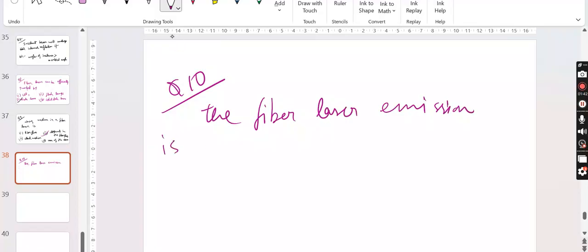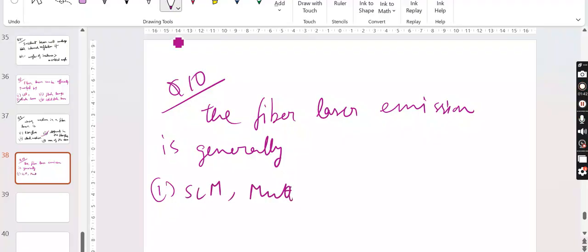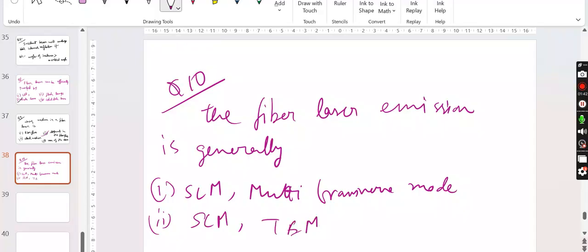Question 10 is, the fiber laser emission is generally SLM or multi-transverse mode. Second is SLM TM00 mode.